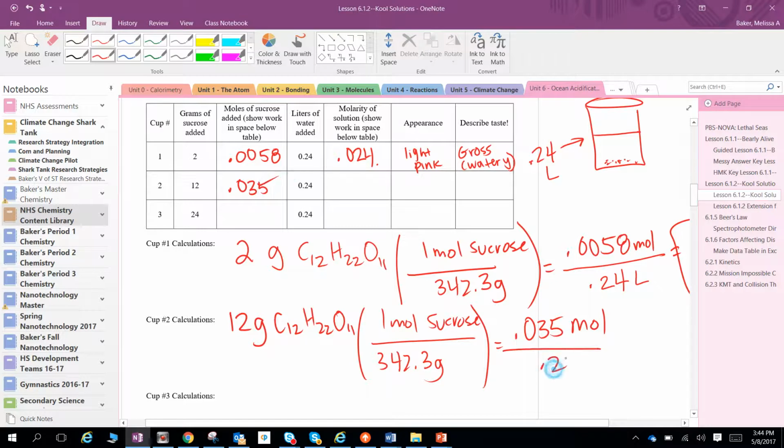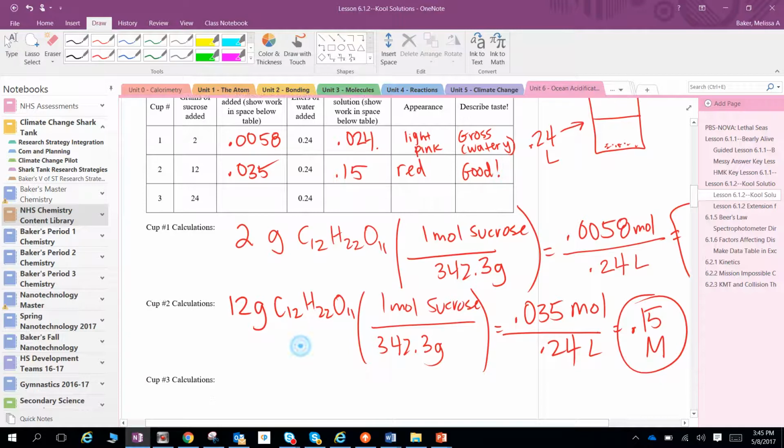Again, divide by the number of liters to get the molarity. This one came out to be 0.15 moles per liter. And the appearance was more of a red color with the red Kool-Aid, and it tasted really good. If you like Kool-Aid.